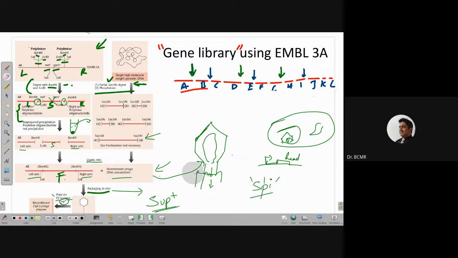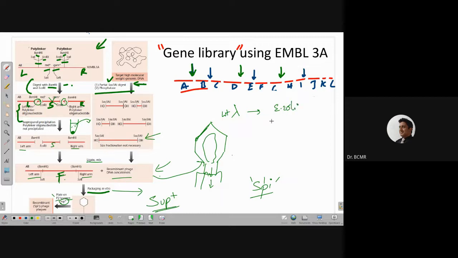The concept is that wild type lambda phage can infect wild type or normal E. coli, but it cannot infect a P2 lysogen. What do we mean by P2 lysogen? It is also E. coli. The only thing is that a P2 prophage is present in its genome.